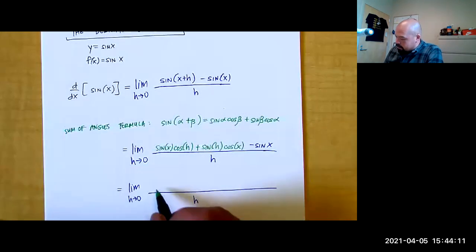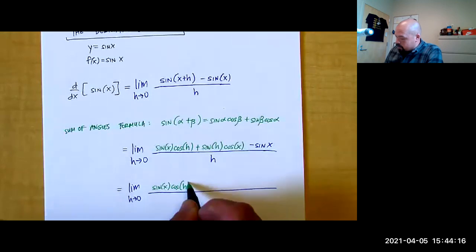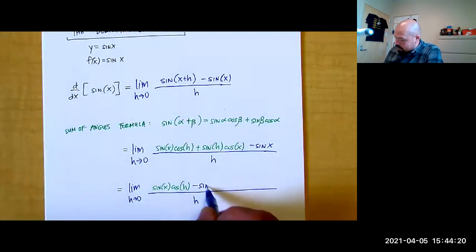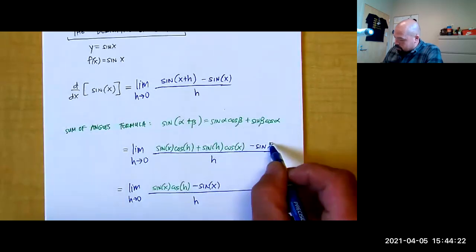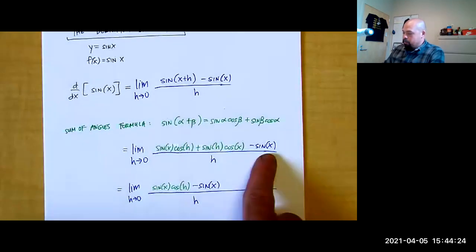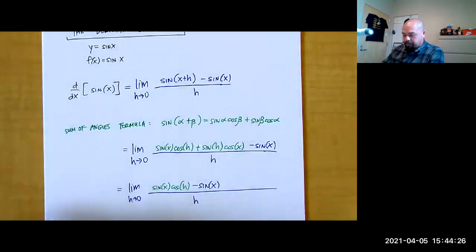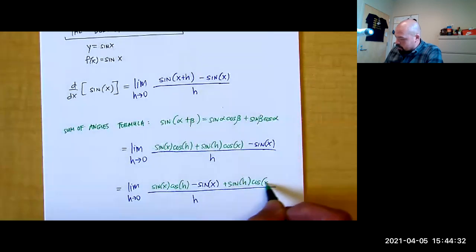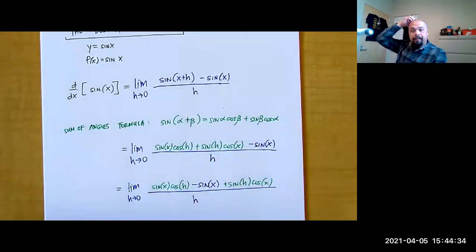Okay, so I'm going to keep this color coordinated. This one stays the same, but this minus sine of x, I'm going to bring over to the middle, if you will. That plus sine h cosine x, I'll bring that to the end. So there's a reorganization there. That's all I'm doing.